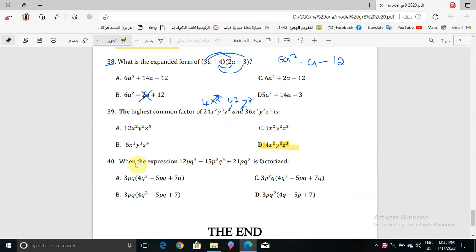Now question number 40, what is the factorized expression of 12pq cube minus 15p squared q squared plus 21pq squared?